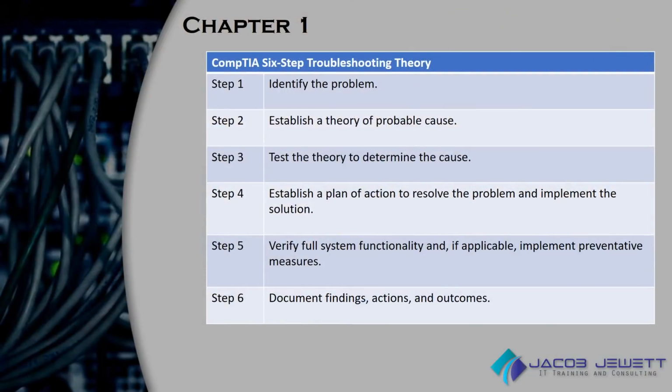So next step in this is we would verify full system functionality, and if applicable, implement preventative measures. So in step 5, what you're going to do is you're going to verify that everything functions the way it's supposed to.